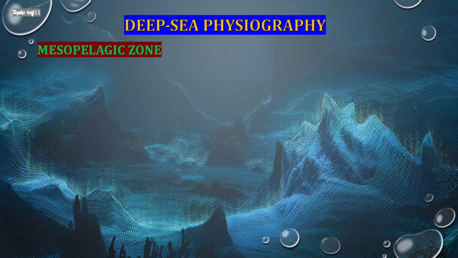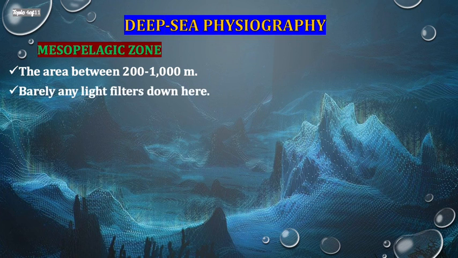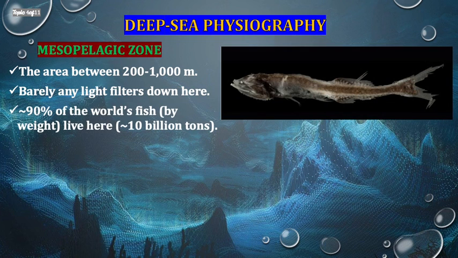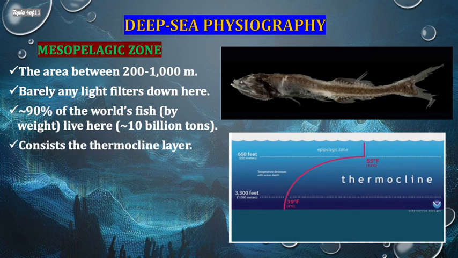Okay, so the mesopelagic zone is the zone between the depths of 200 meters to 1,000 meters. The light here is barely filtered down, but many animals thrive in here. For example, about 90% of the world's fish, like the bristlemouth in that picture, live in this part of the ocean.